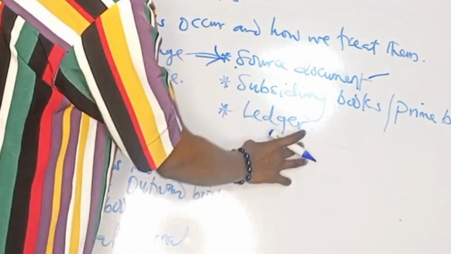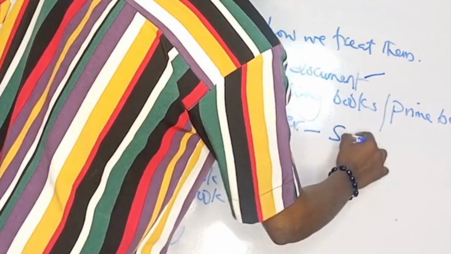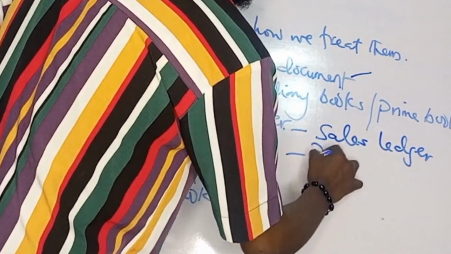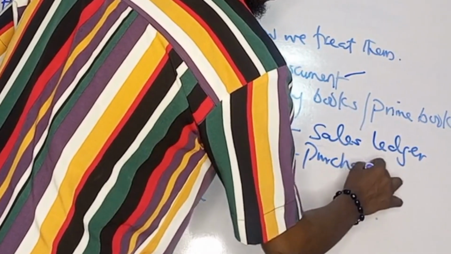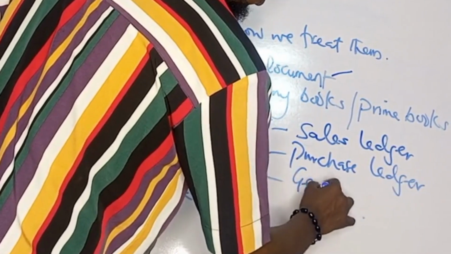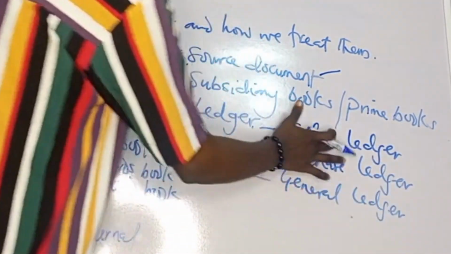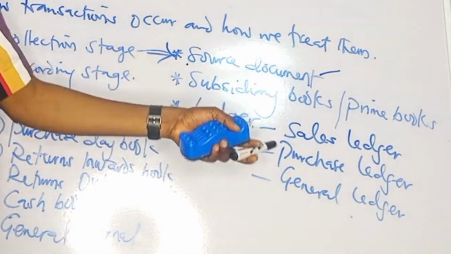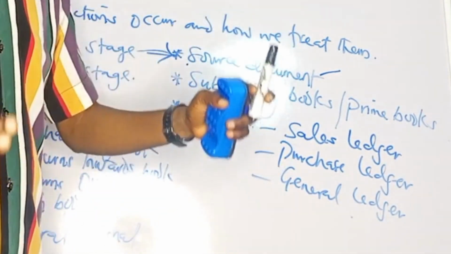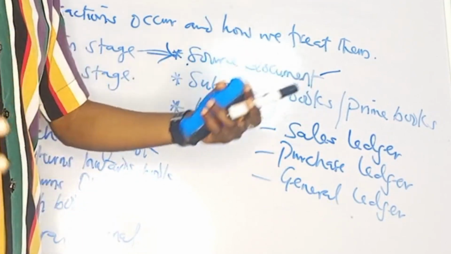Then finally, the ledger. We have 3 of them. We have the sales ledger, the purchase ledger, and the general ledger. The sales ledger is also known as the debtors ledger, where you have details of all your debtors, all your customers, people that buy from you, corporations, individuals.